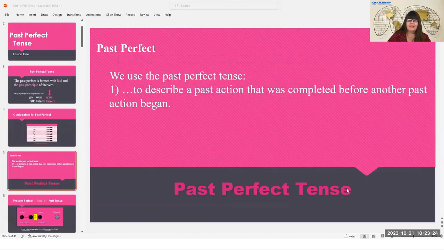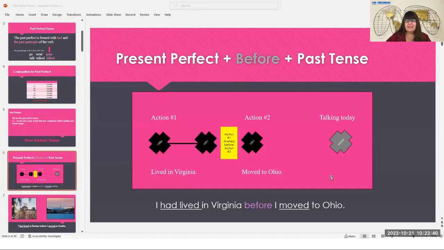And this verb tense is used to describe a past action that was completed before another past action. So let me give you a visual so it's easy to see. We have two verb tenses in these sentences.